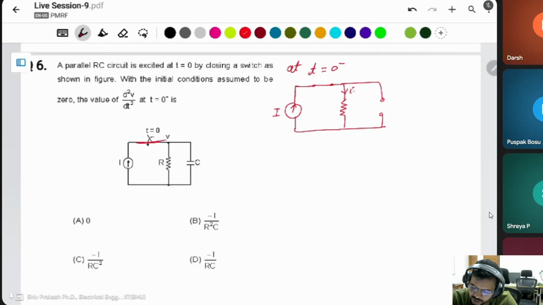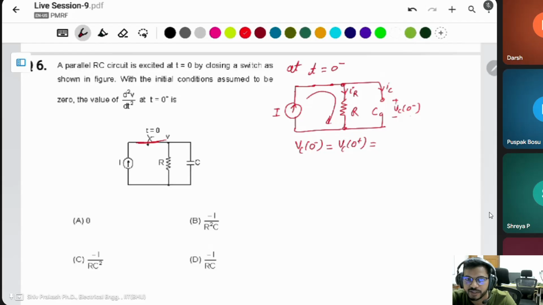This current is IR, this current is IC, this voltage is VC at 0 minus. Then with this open circuit, the whole current is flowing through the resistor R. Then what is the VC at 0 minus, same as the VC at 0 plus, the initial point, and the total current is flowing through it only. Then the voltage drop across the resistor is the same as the voltage across the capacitor, I into R. This is the initial point.